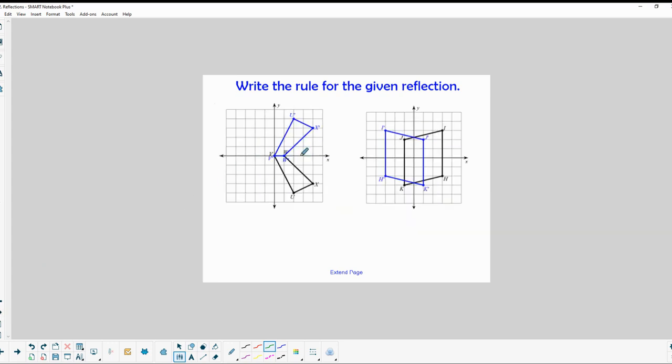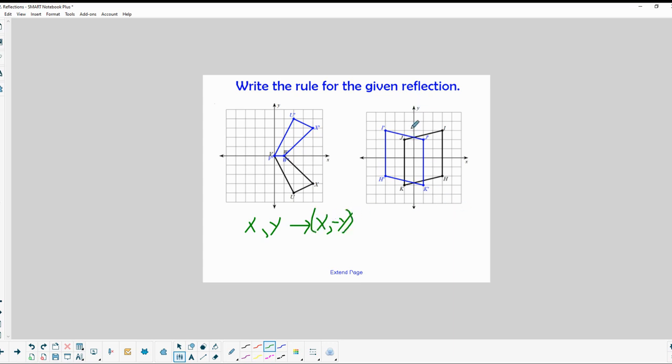A couple more. Looks like you're switching across the x-axis again. So x comma y becomes x comma negative y.